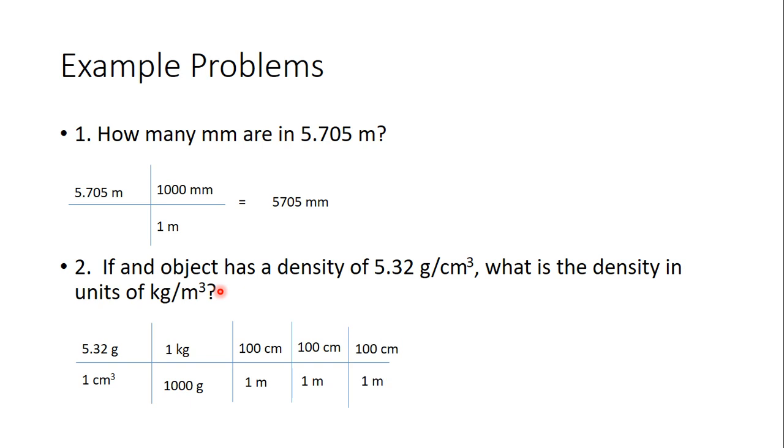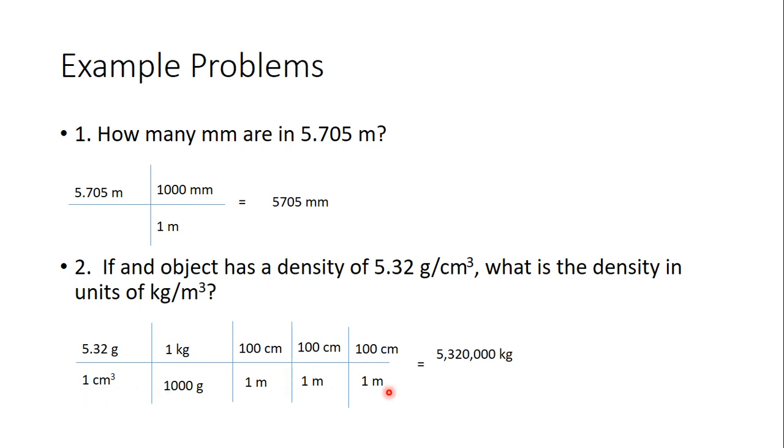Now let's take a look at how our units are going to cancel out. Grams cancel out with grams. We have 1, 2, 3 centimeters on the top, 3 centimeters on the bottom, so those units cancel out, and 1, 2, 3 meters on the bottom. So our units are kilograms per cubic meter, exactly what we want. So our first step is we're going to multiply the top together, and we get 5,320,000 kilograms.